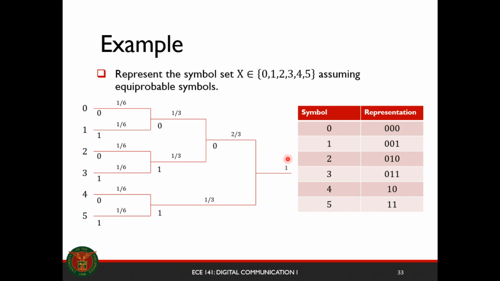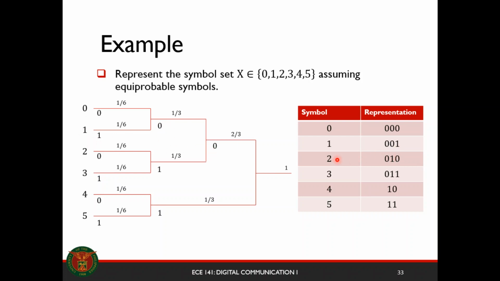Now to get the bit assignments for each symbol, you have to work your way down the tree and get the bits as you go along. For example, symbol 0 would be 0, 0, 0. Symbol 1 is 0, 0, 1.